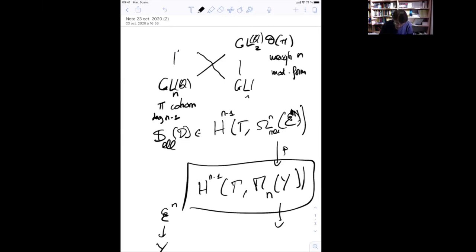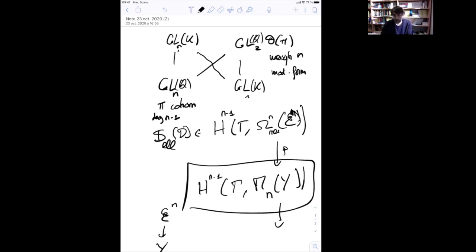Now there is another dual pair here, GL1 over K: you embed an imaginary quadratic field, as a CM point if you want, and you embed GLN over Q inside GLN over K.